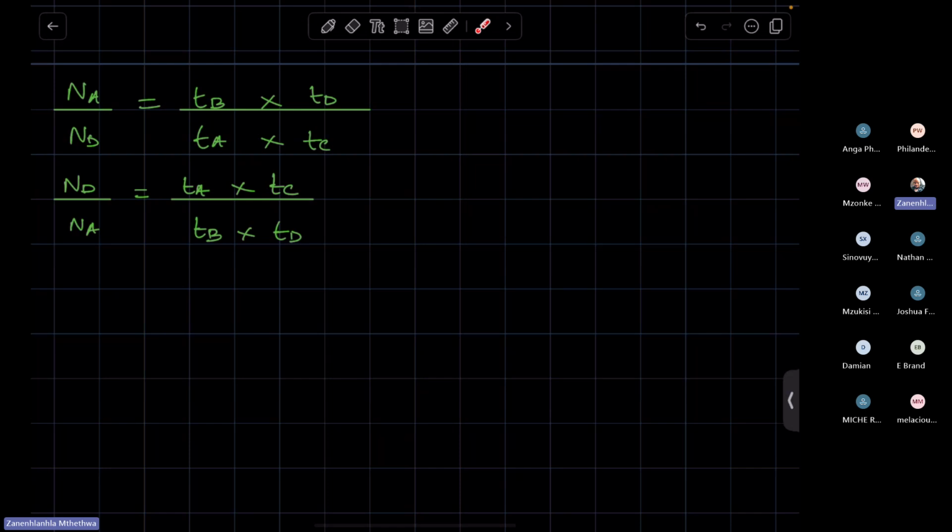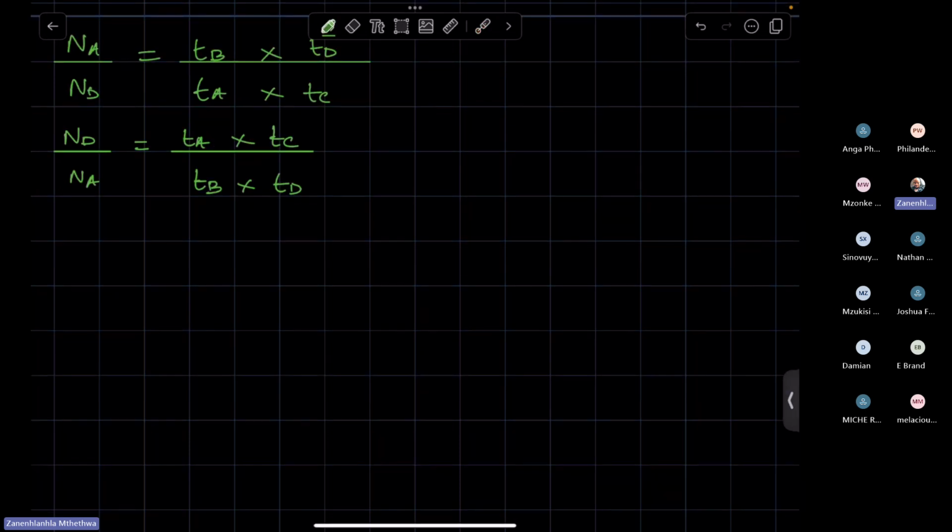And then making ND the subject of the formula, we have to multiply by NA both sides. So when doing that, we get ND equal to TA times TC times NA divided by TB times TD.